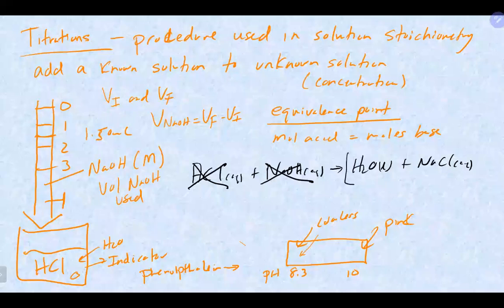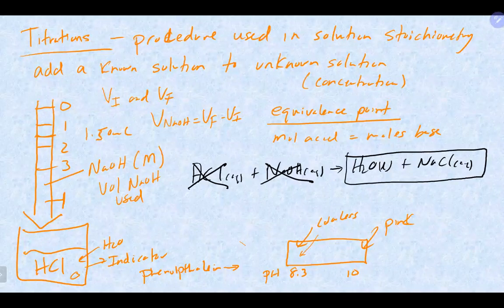And pretty much the only thing you've got left in that beaker or flask is basically water and sodium chloride, which is a salt. Water is technically neutral-ish, and sodium chloride is actually a neutral salt. Really, it's just sodium ions and chloride ions floating around at that point. It won't affect the pH. It'll be like a pH of 7-ish at that point. That's why it's also called a neutralization reaction. We basically make water at this point. There's no acid or base sort of left in a sense, as it has basically been neutralized.